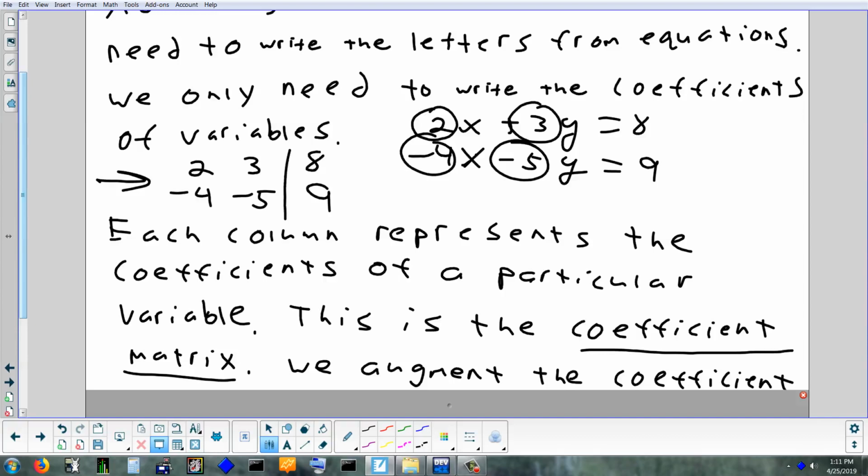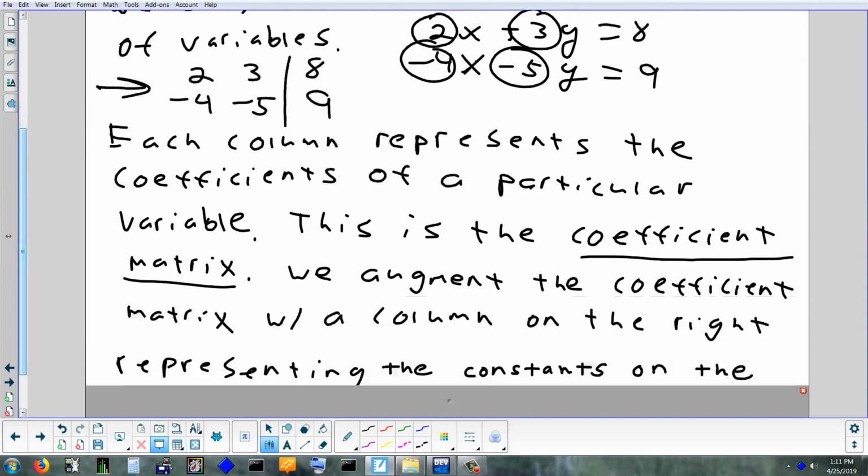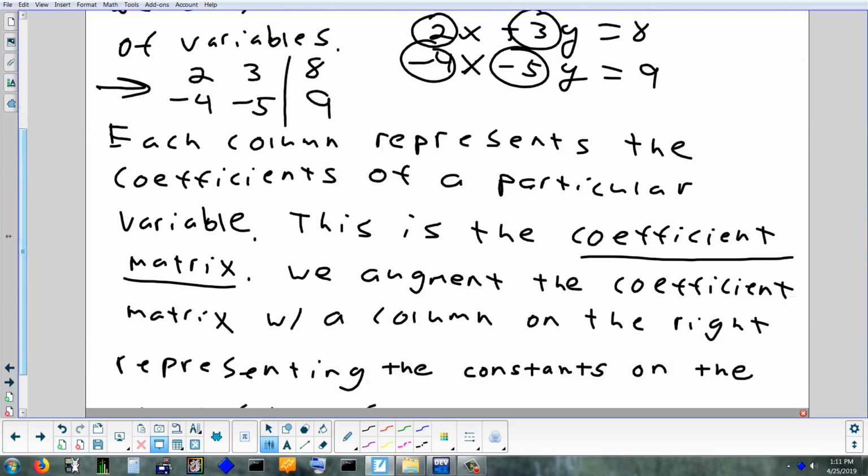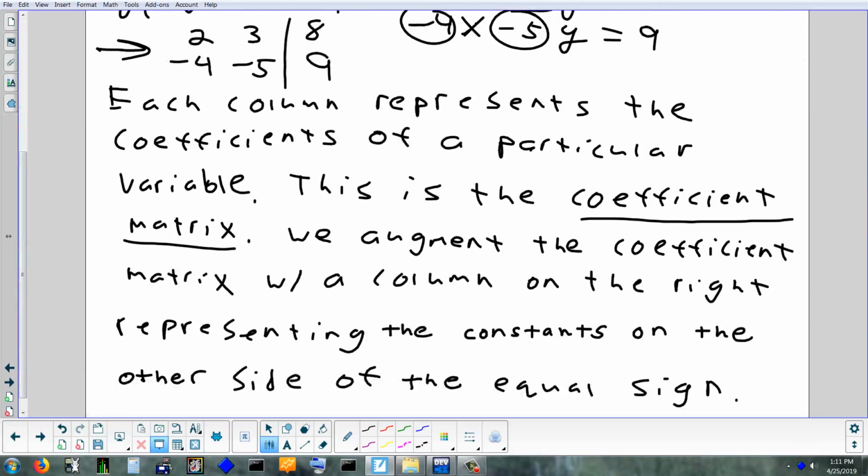So we augment the coefficient matrix with the numbers that were on the other side of the equation. Okay, and that's the first step. Okay, we've translated what we had as an equation just into a matrix of numbers.